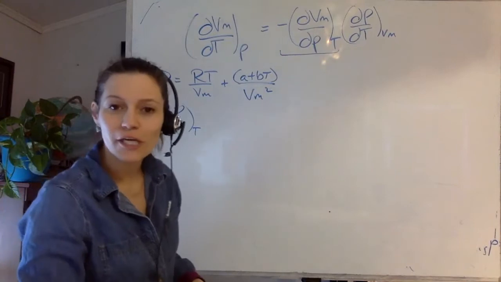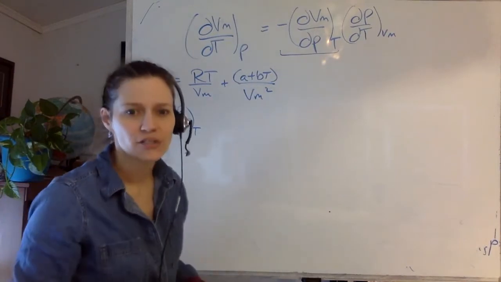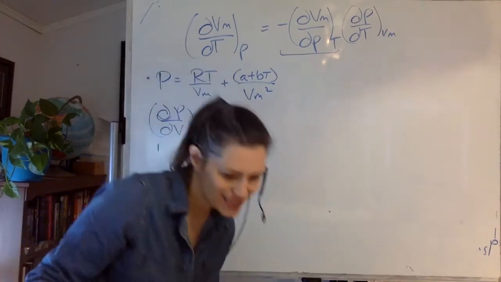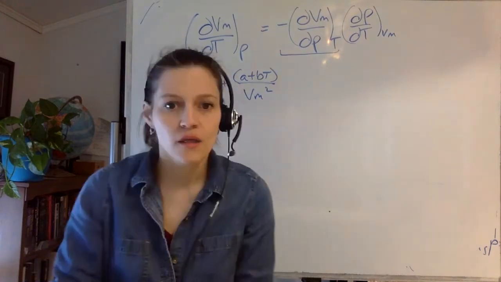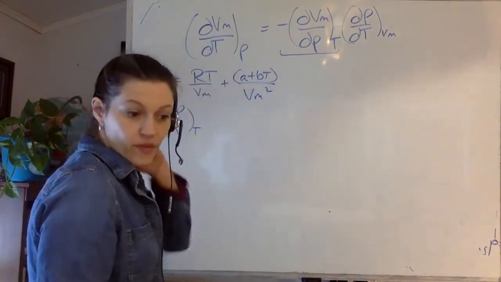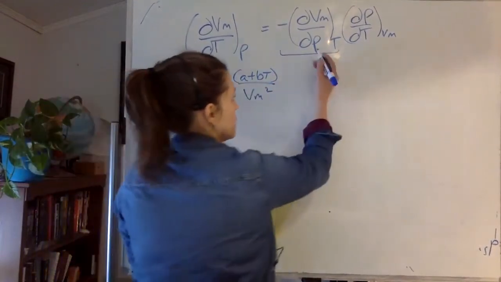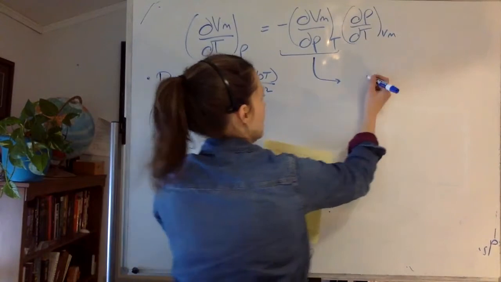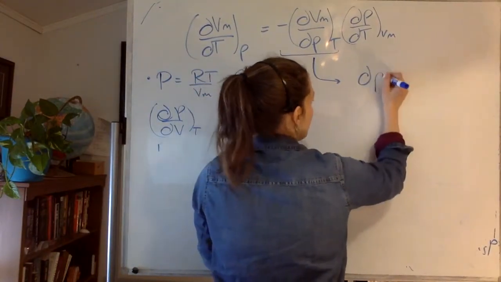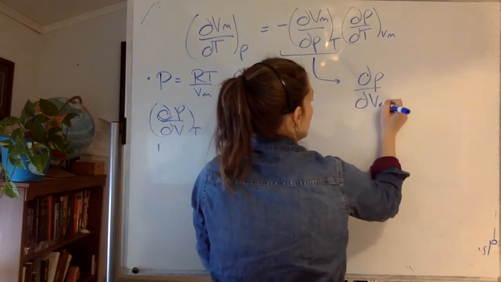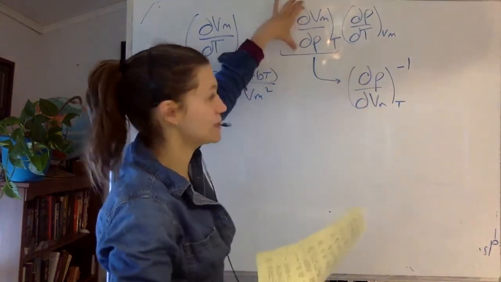So one of Euler's relations, if you look at Math Toolkit, I think it's number 5. I should look that up. Math Toolkits 9 and 10. Number 9 is on page 44, and number 10 is page 105. Okay, so because I have this function right here, I can say that partial P partial V at constant T to the -1 is the same as this.